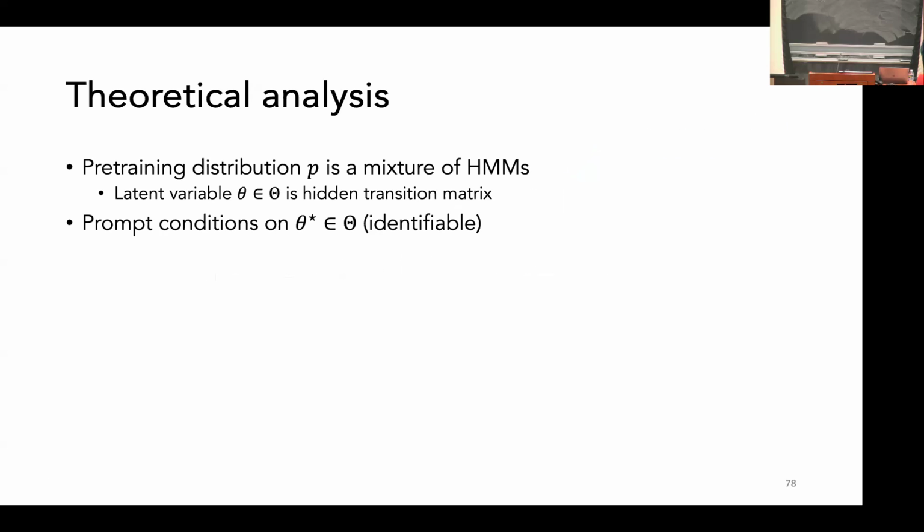So under certain assumptions, we'll assume that the pre-training distribution is a mixture of hidden Markov models where the latent variable is a hidden transition matrix coming from a family big theta. And we'll also assume that the prompt conditions on some theta star, which is from that same family as in pre-training. So this is an identifiable learning problem.